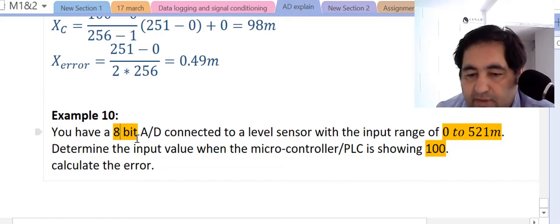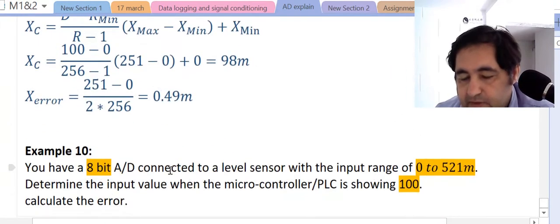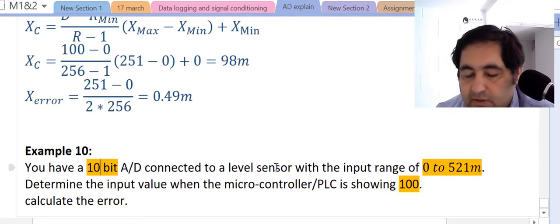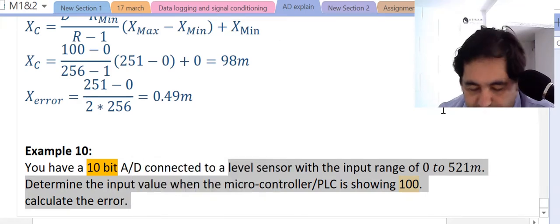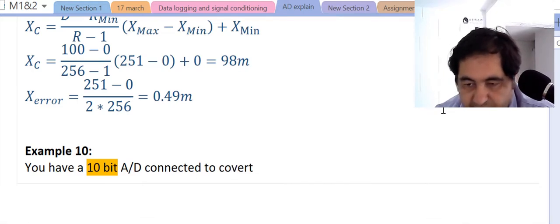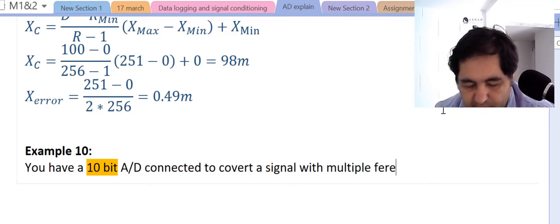This time it was actually supposed to be 8 bits, but here I go for a 10-bit A to D, connected to, well, I wanted to say it's getting the voltage, A to D to convert a signal with multiple frequencies.